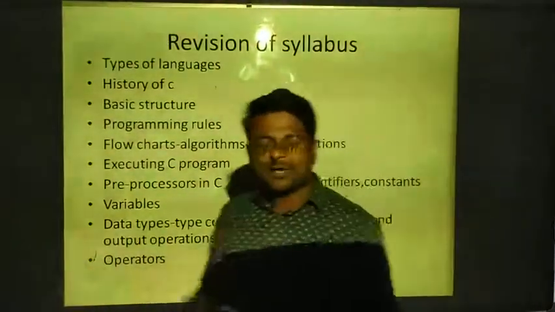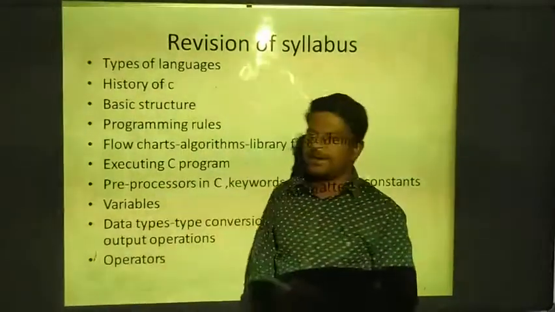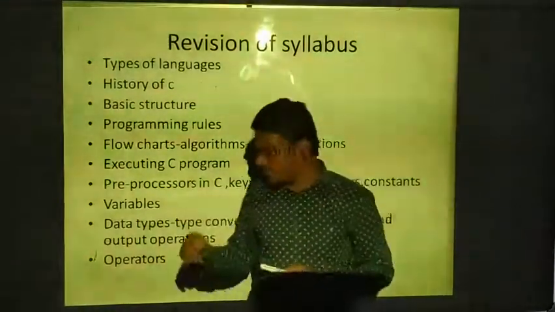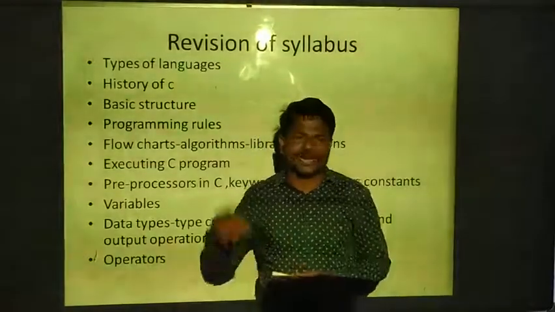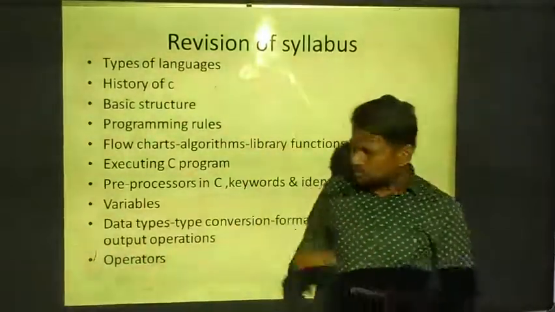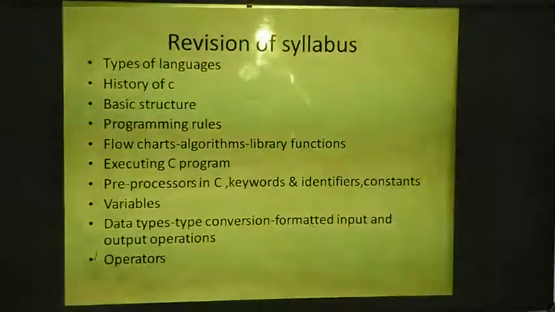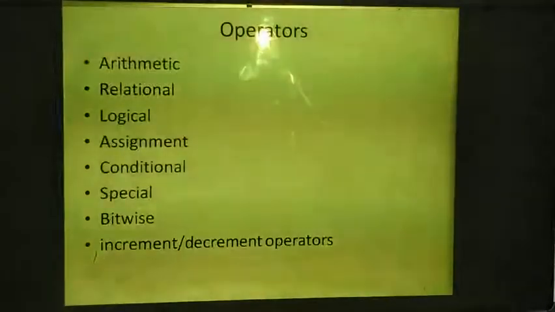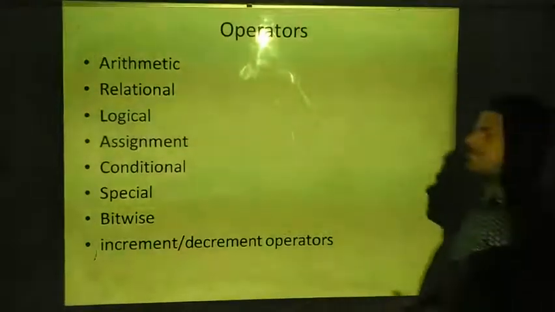And the last topic in the first unit is what? Operators. In the last class, we started the operators topic, and we discussed the first two operators. Now, let us see what operators are in C programming language.